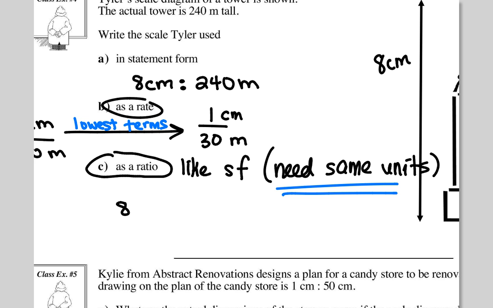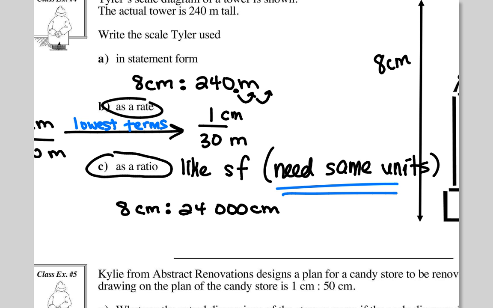Okay, so 8 centimeters to, how many centimeters is 240 meters? You'd have to move the decimal how many places? Twice. So then you'd add 2 zeros and you'd have 24,000.